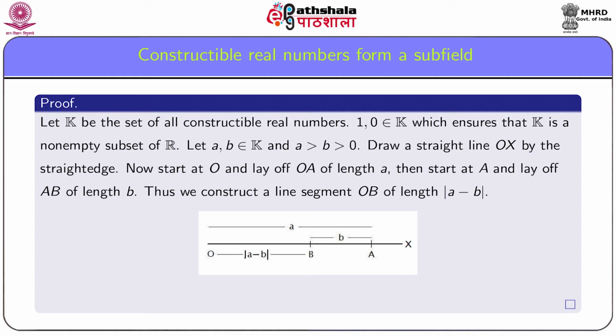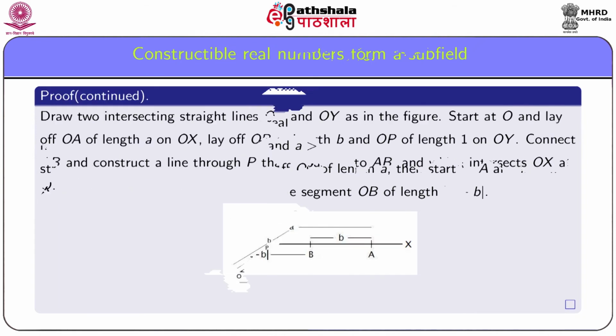Thus, we see that the real number A minus B is constructible. That is, A minus B belongs to K.